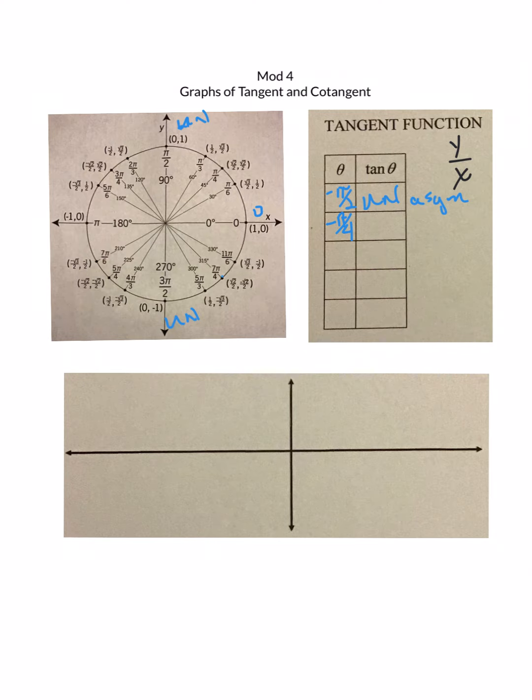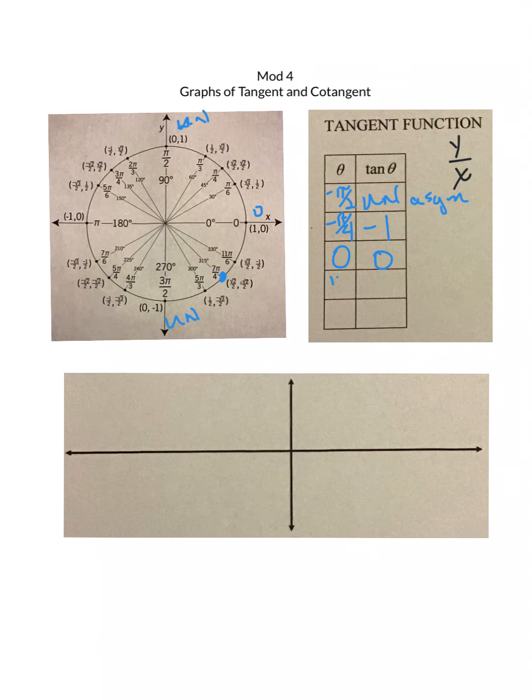If I look at negative pi over 4 and I put the y over the x, the y and the x are the same value except that one's positive and one's negative. Any number over itself is 1, and since we have a negative and a positive, it's going to be negative 1. At the angle value of 0, if we put the y over the x, we get 0.